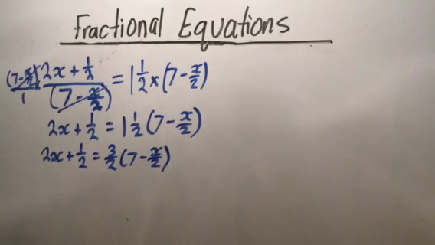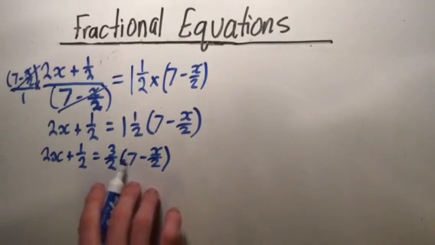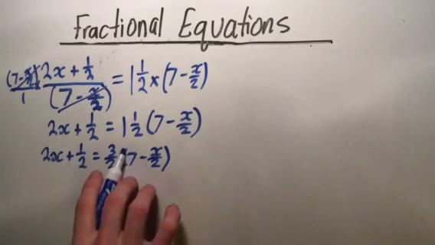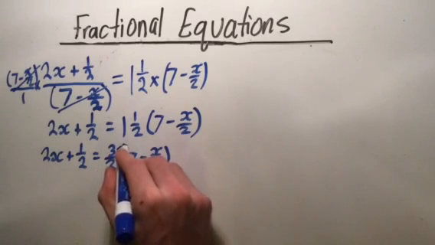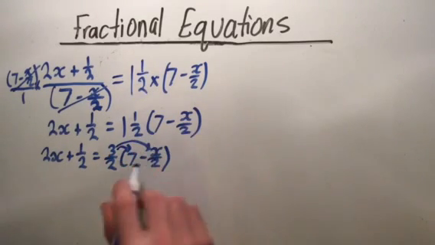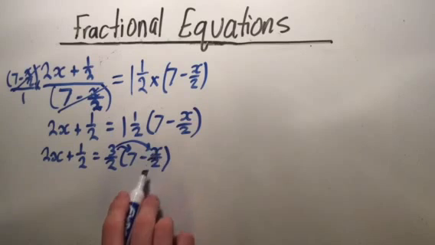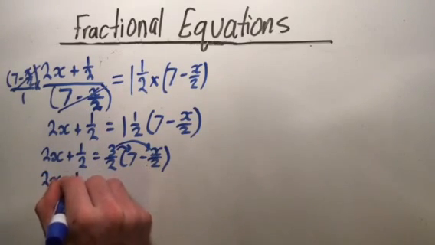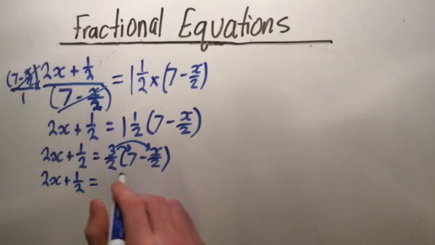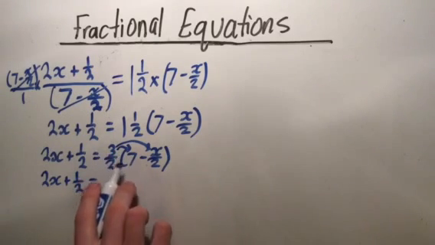And what I'm going to do next, because I can't bring anything over yet, because these are still tucked away in the bracket, I'm going to expand the bracket with 3 over 2. So I'm going to be timesing 3 over 2 by 7, and then timesing 3 over 2 by negative x over 2. So let's rewrite out this side. 2x plus a half equals 3 over 2 times 7.